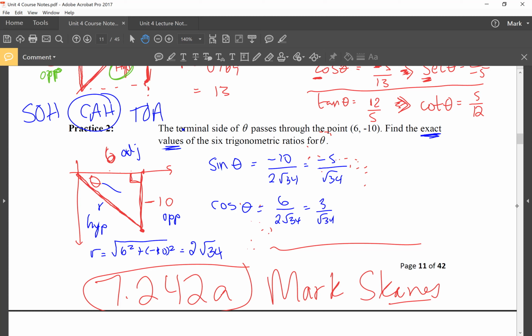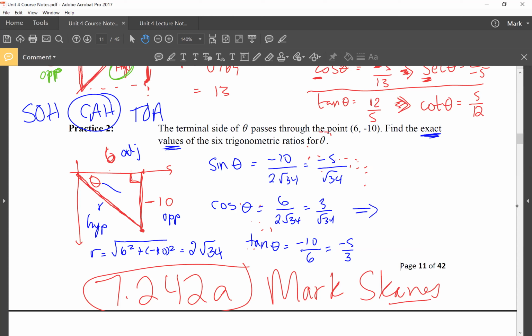Okay, tangent, let me get rid of this line here. Sorry for the mess. Tangent is my favorite. It's OA, opposite, negative 10, over adjacent, which is 6, which I can simplify to negative 5 over 3.